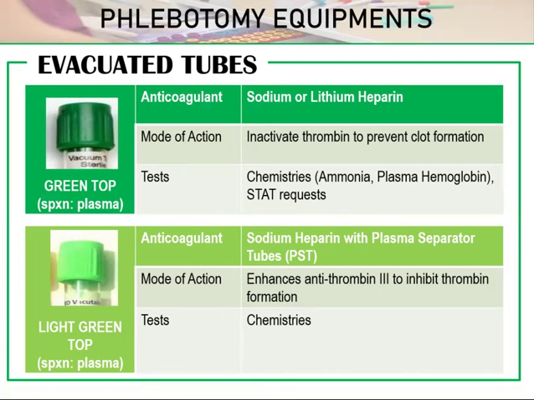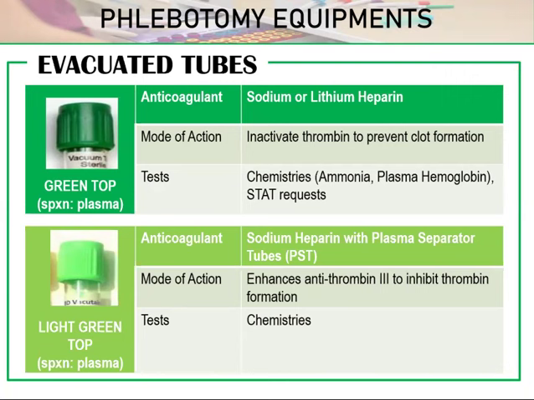So for chemistry tests, basta ammonia class, automatic, it will be placed in our green top. And it is ideal for stat requests. Just to give you an idea of the setup in the laboratory: after blood extraction, you wait 15 to 20 minutes for your sample to stand before you centrifuge.